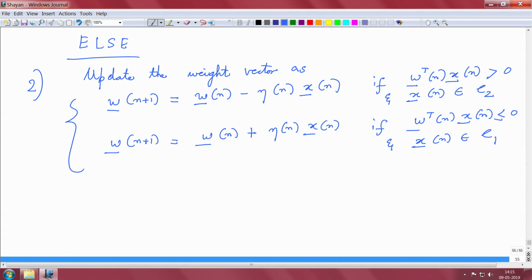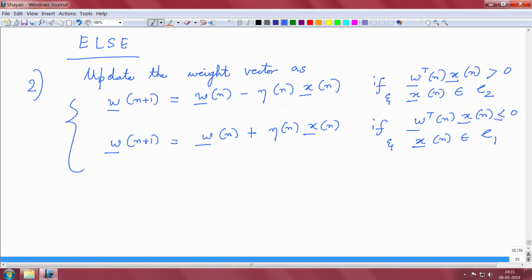So, we have to update if we consider a situation where the inner product of the weight at time n and the data point is greater than 0, but the class to which this data point belonged was C2 instead of C1. That means the weight that we had should be lowered, and therefore, I have to scale in the direction of x n.